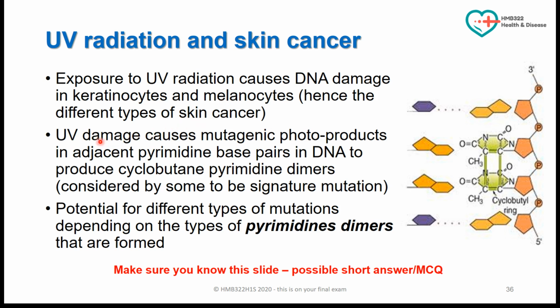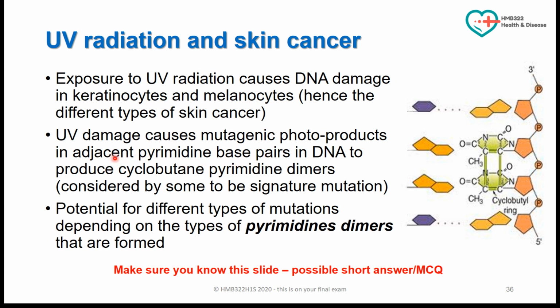This UV-induced damage from overexposure to sunlight might cause mutagenic photoproducts to start to develop. So photo or UV-induced byproducts that we can detect in the DNA. We can actually physically see signs of UV exposure within your DNA.